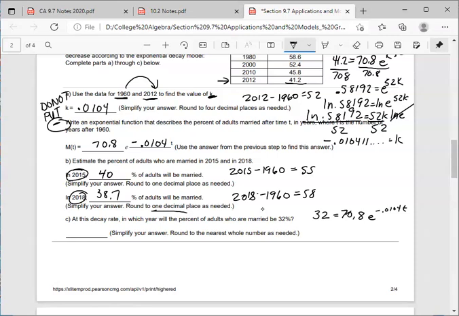Okay, so I would divide by 70.8 on both sides. 32 divided by 70.8 is 0.451977 ... equals E to the negative 0.0104t. You want that variable to come down, so you're going to have to take the natural log of both sides.